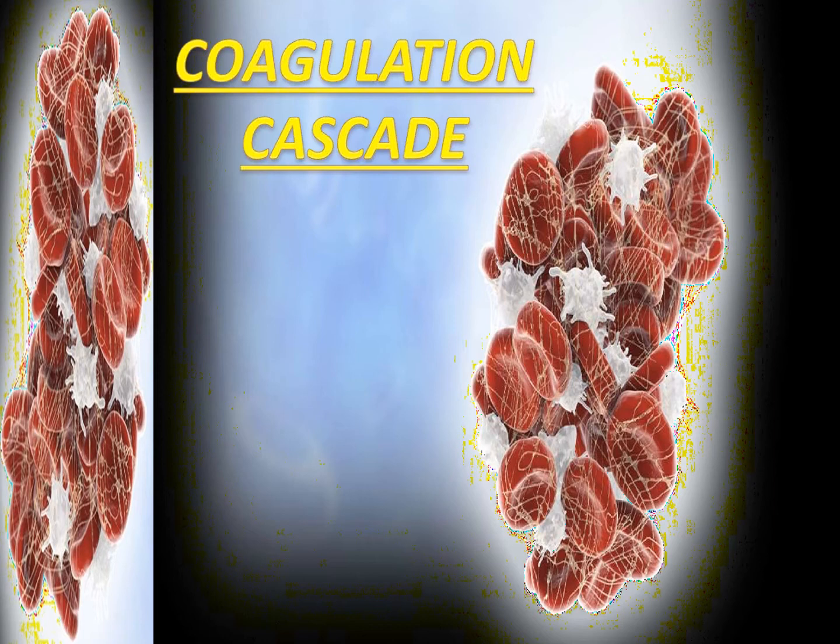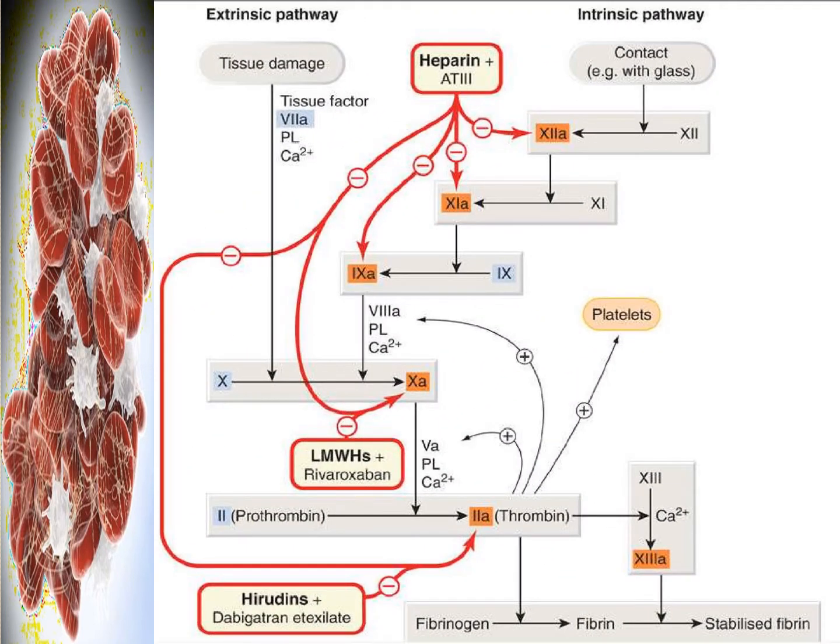In this, we will study how and with the help of what factors it is taking place. So, to study the mechanism of coagulation, or the coagulation cascade, let us concentrate on this flow chart. Here, how the coagulation is taking place is summarized.